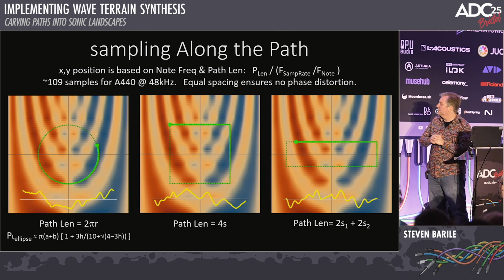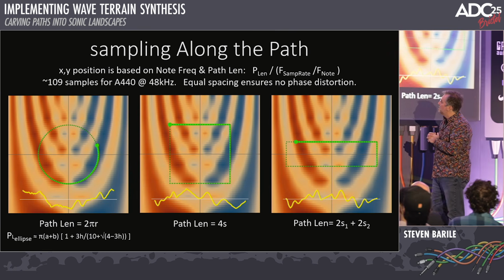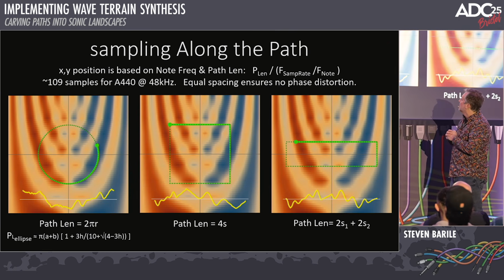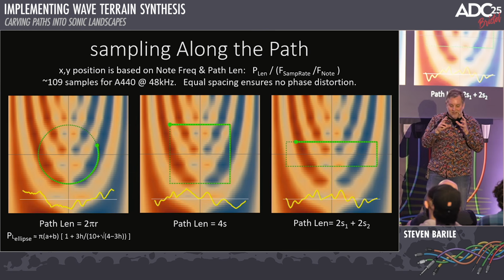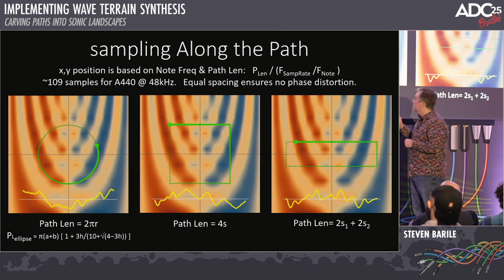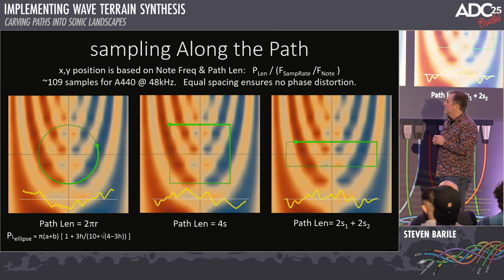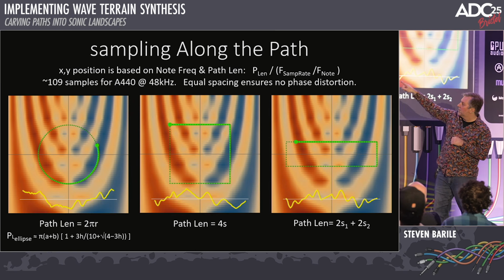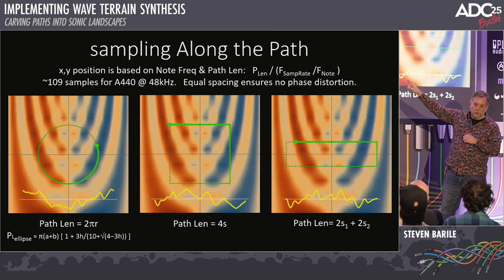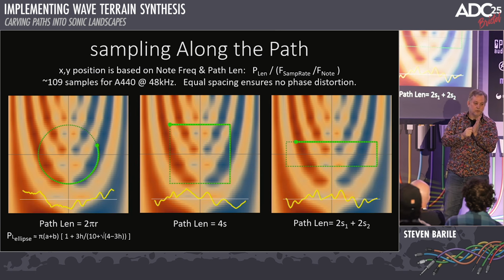Right. So how do you collect the samples, and how do you understand where to do that? When you're using a path like a circle, it makes a lot of sense to collect the dots in a polar way, meaning that you're incrementing the angle that you're sampling through.